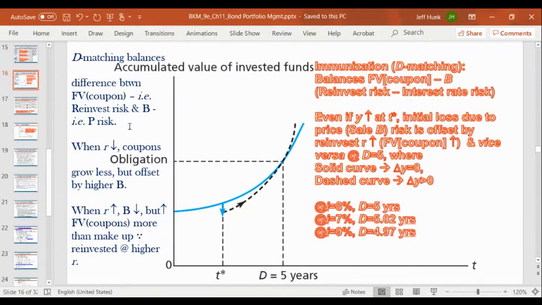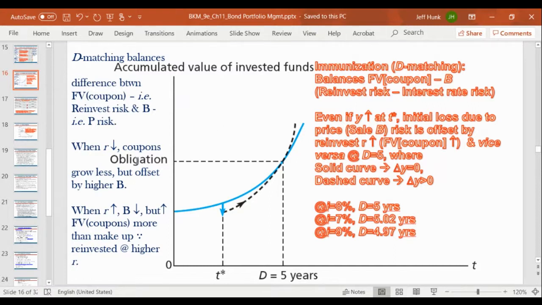coupons with the bond price, and the future value of coupons is basically the result of taking advantage of the reinvestment rate risk, and bond price is basically price risk, and they are balanced out, right, through duration match.